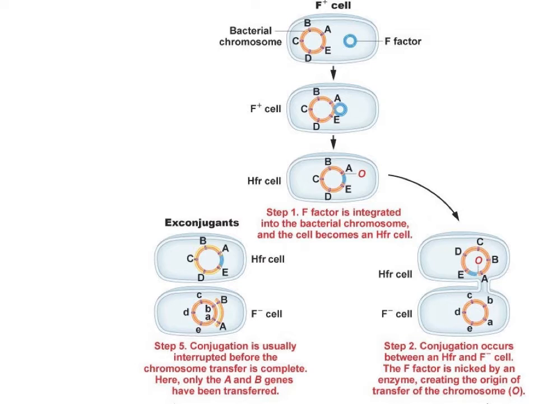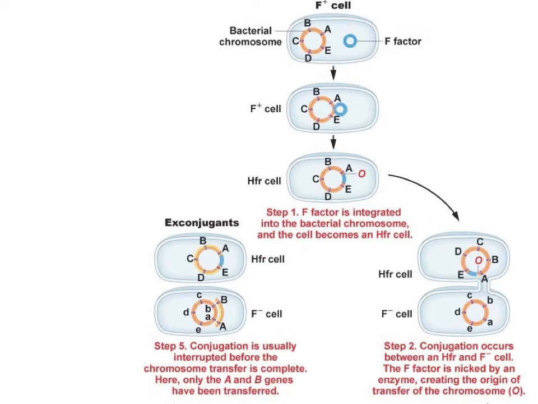In this cell, the F factor, if you look at the second cell down from the top, integrates with the bacterial chromosome and becomes part of it. Okay, so rather than being its own separate circular double-stranded DNA molecule, it becomes part of the larger bacterial chromosome, which you see still has those 5 genes, but also has the F factor in it.